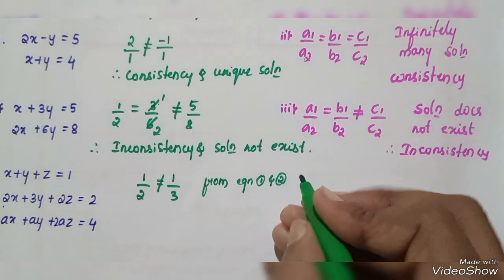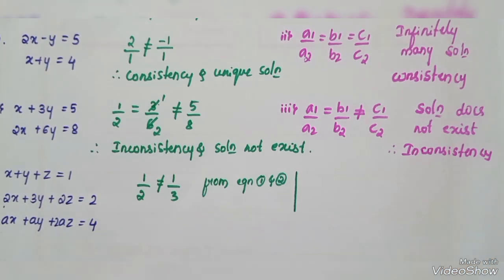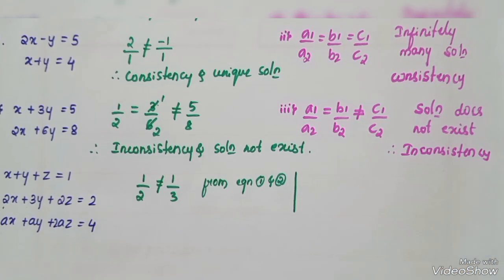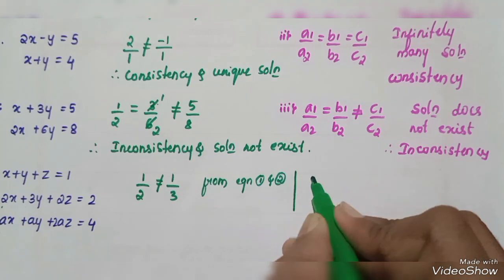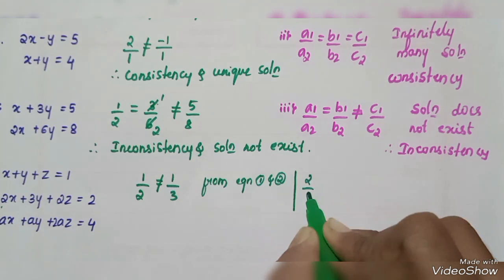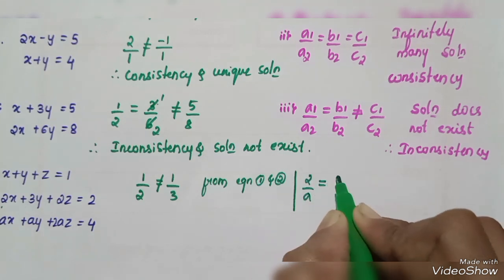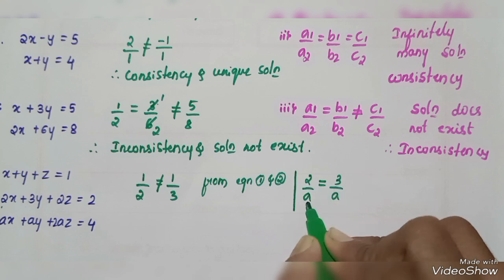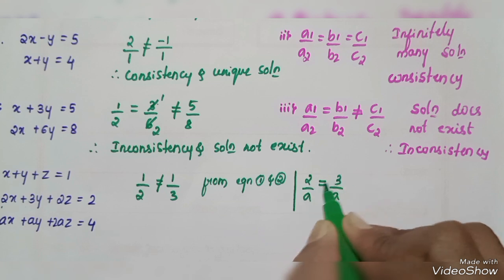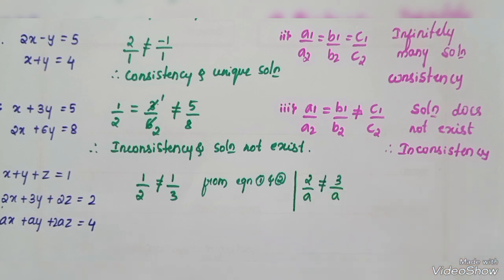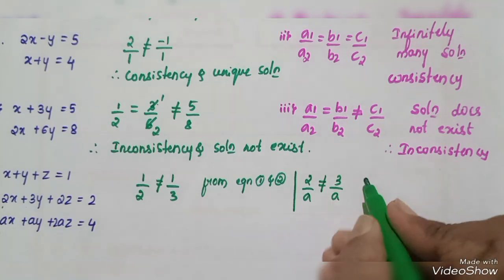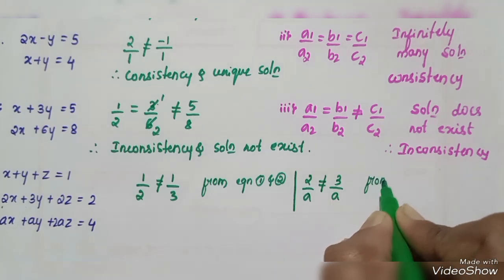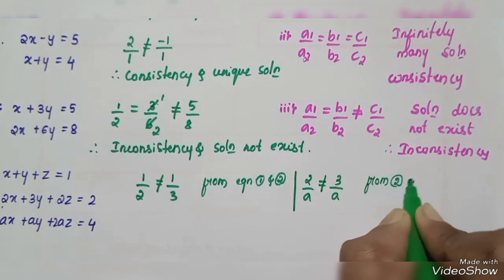Now I am checking the consistency for the second one, that is 2 by a is equal to 3 by a. 2 by a is not equal to 3 by a, therefore it is also not equal, taking 2 and 3.